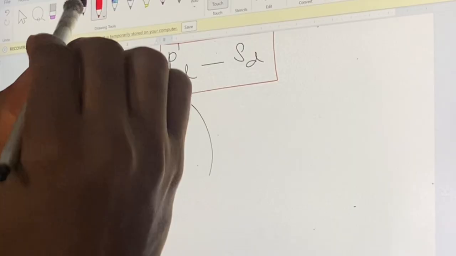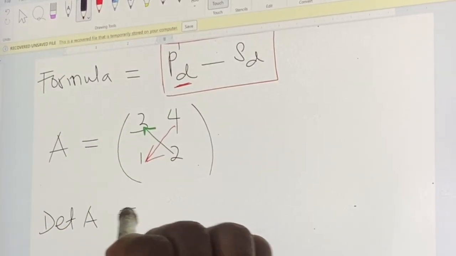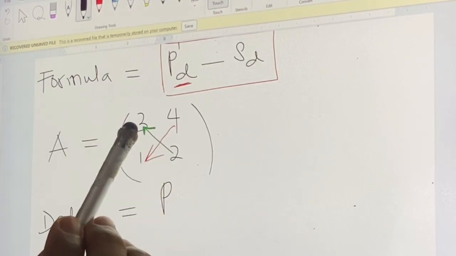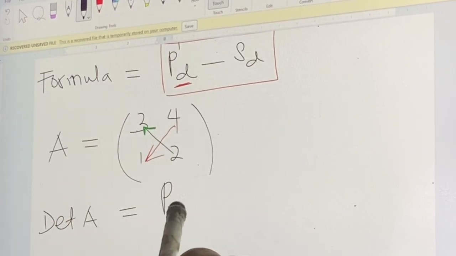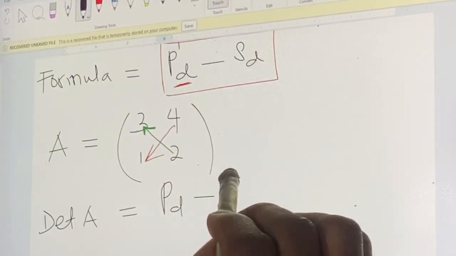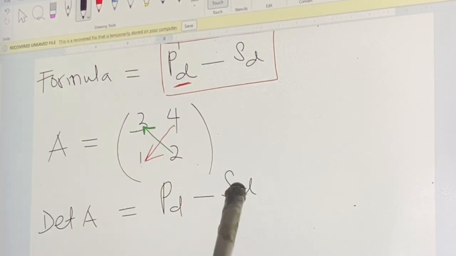So the determinant of A will be equal to the primary diagonal, which is 2 times 3, minus, this minus is from the formula, the secondary diagonal, which is 4 times 1.